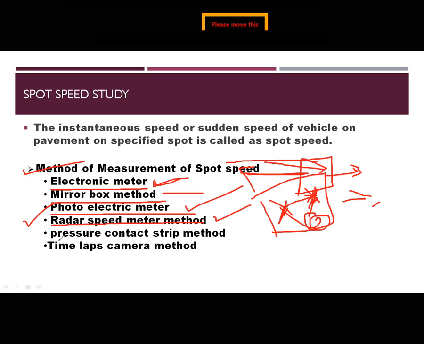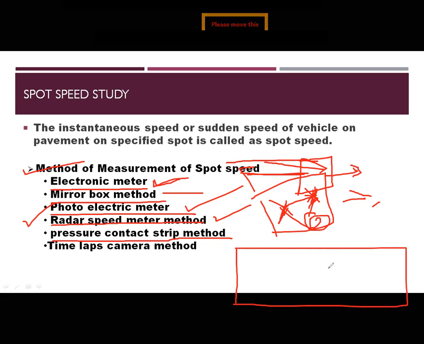Next is the pressure contact strip method. Here, like counting vehicles in the volume study, this is the considered pavement and these are the strips.